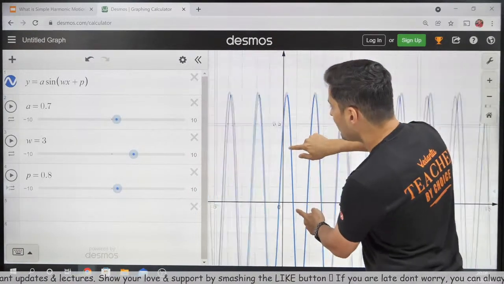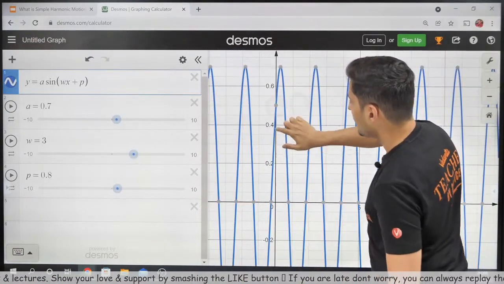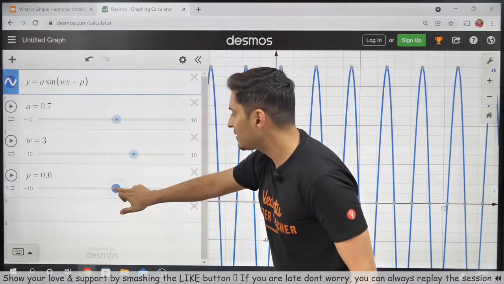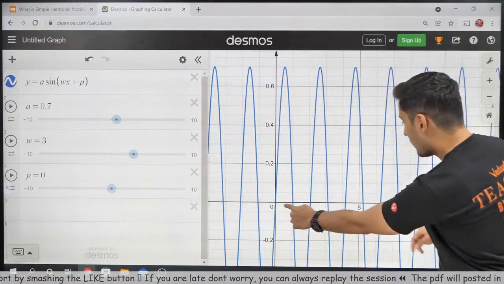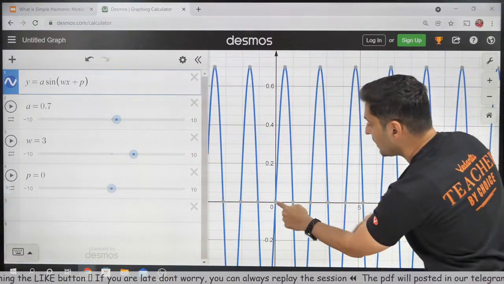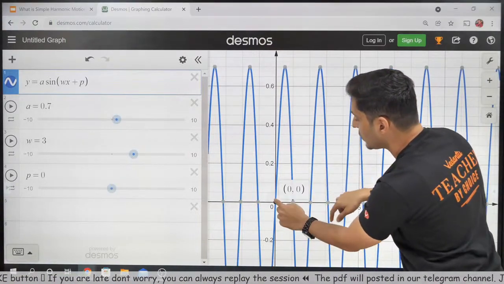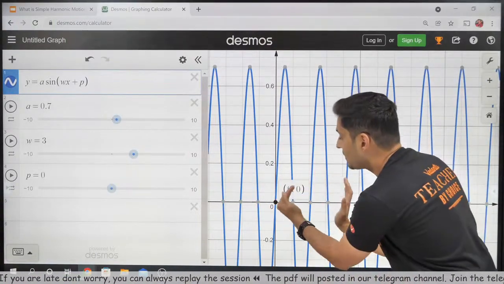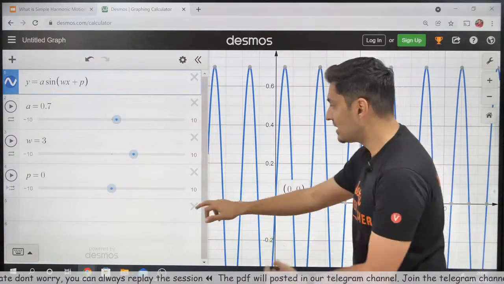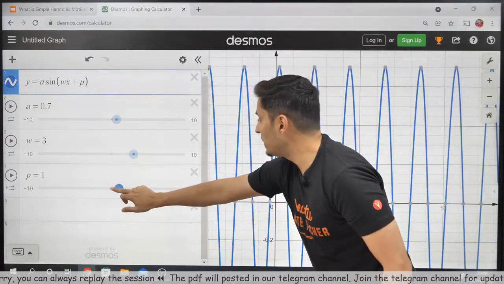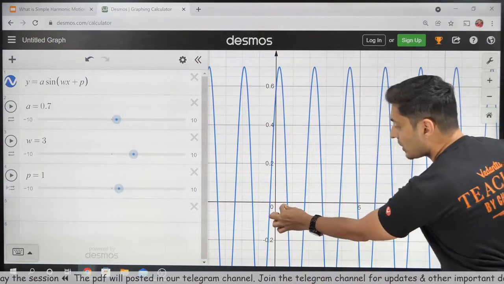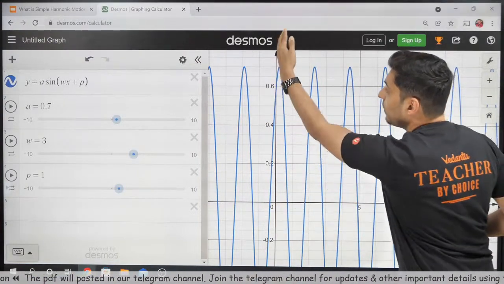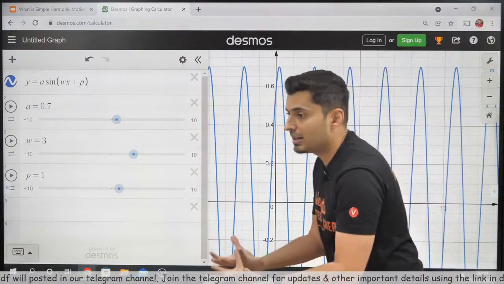Only when I make this phase 0, will I see that when my time axis is 0, my vertical point also is at 0. So this graph shifts. If I change the value of P, you will notice that at time equal to 0, because horizontal is time, the value of x is different.